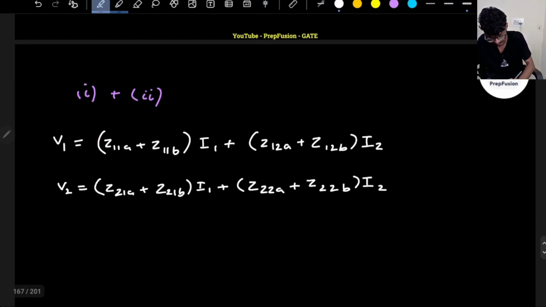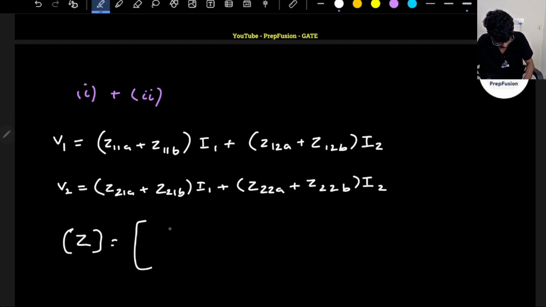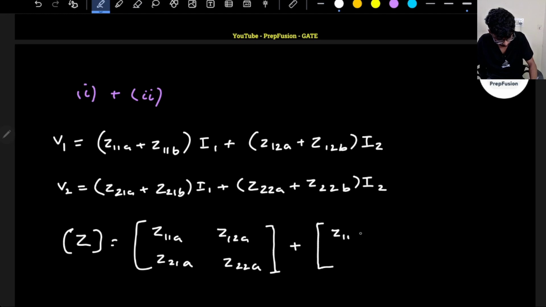So I can write this in matrix format. This will be equal to the matrix Z11A, Z12A, Z21A, Z22A plus the matrix Z11B, Z12B, Z21B, Z22B.